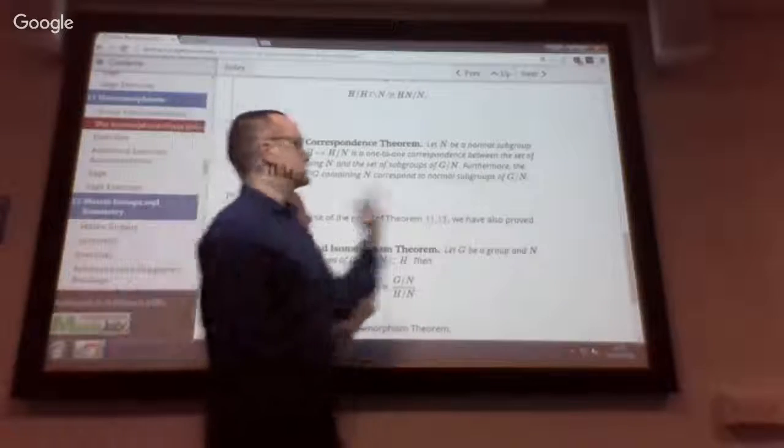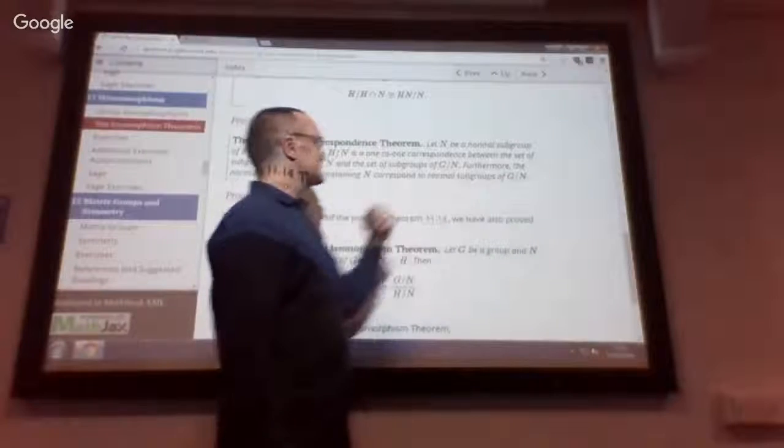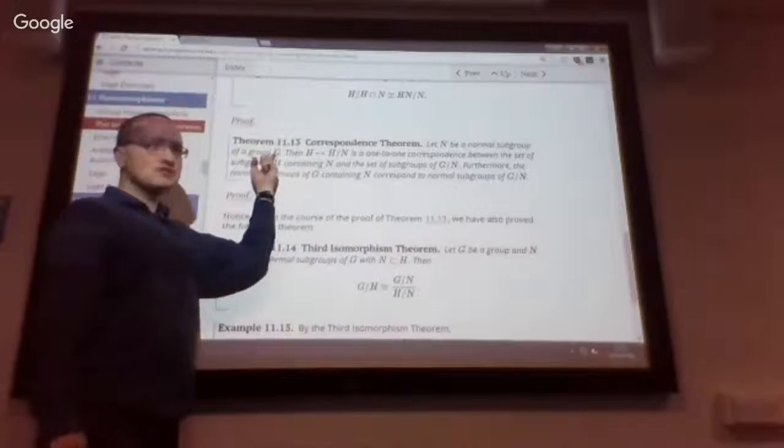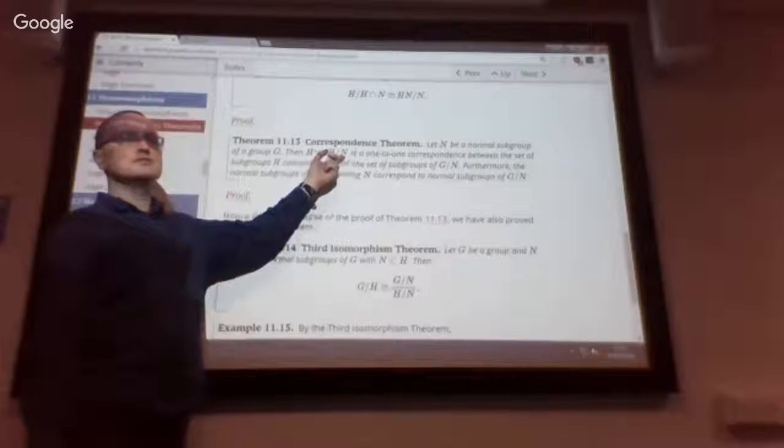So every subgroup of the quotient group is a quotient of a subgroup of the original group by the same normal subgroup N.